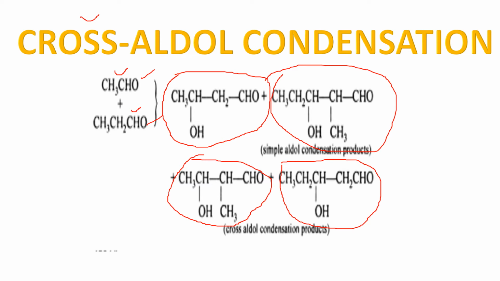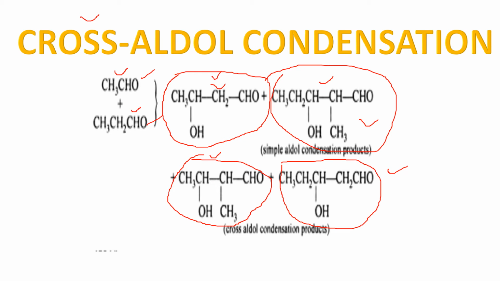Now if you can see, the first two products are self-aldol products. That means ethanal and ethanal are undergoing aldol condensation and forming this product. Propanal and propanal are undergoing aldol condensation and forming this product. So we got self-aldol products. Now when ethanal and propanal undergo addition reaction, we get these two products. These are cross-aldol products.